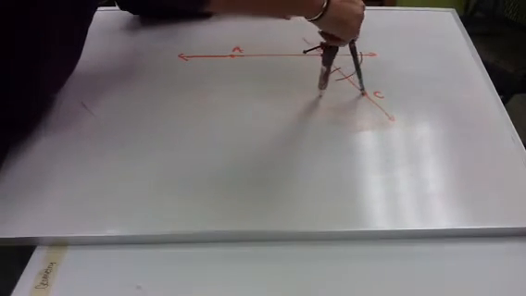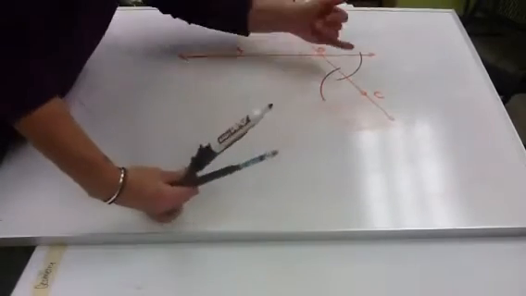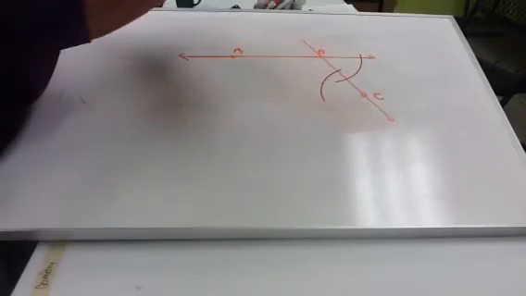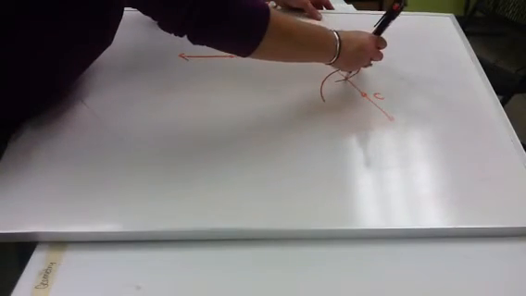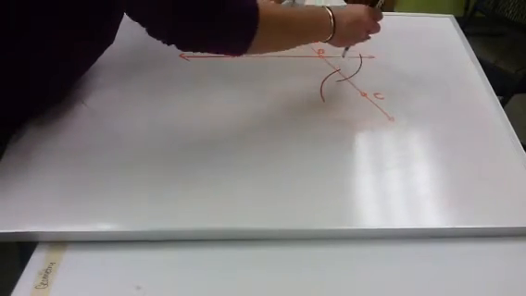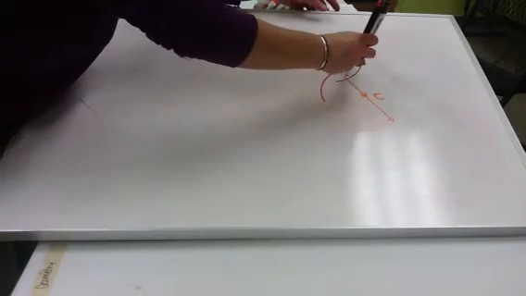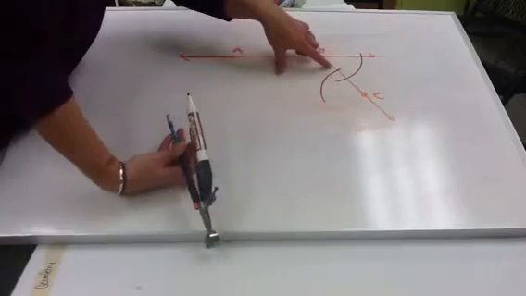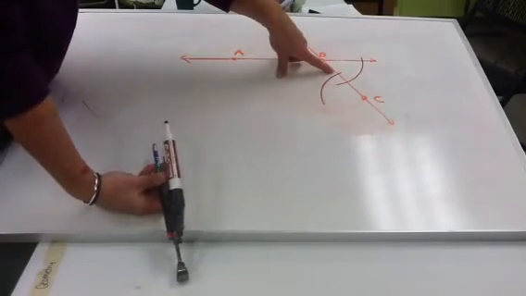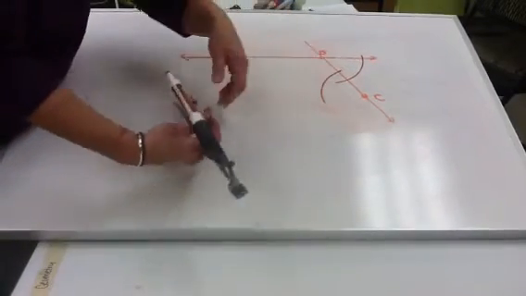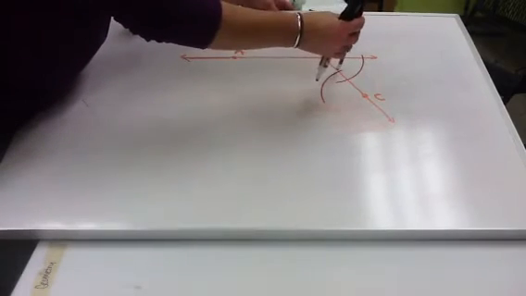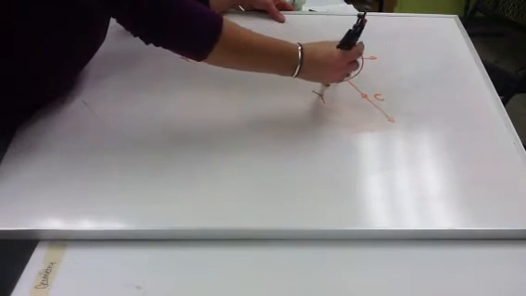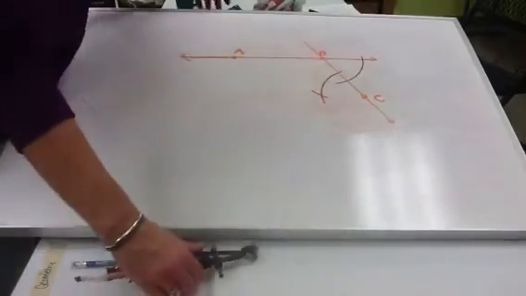Okay, we're going to swing another arc from point C on the other side of the transversal since they're going to be alternate interiors. Now you're going to take your compass and measure the distance between the arc. Mine happens to be very close, but it doesn't always work out that way. Okay? And then from the point where it crosses your transversal, you're going to put the eraser point, or whatever you have on your compass, and swing an arc that crosses the first arc.